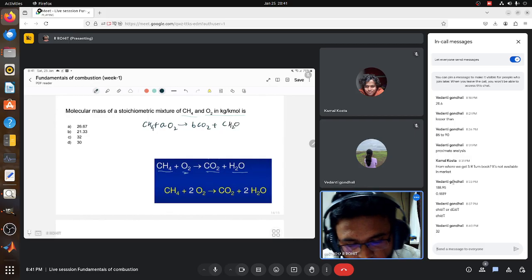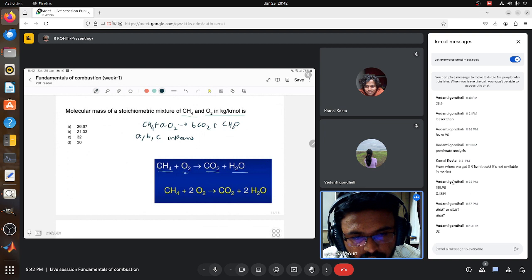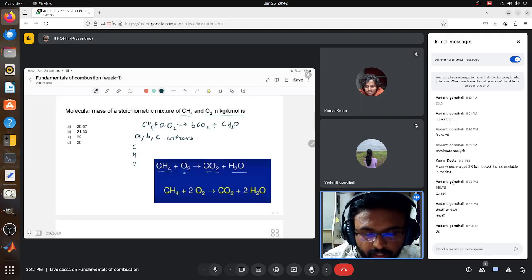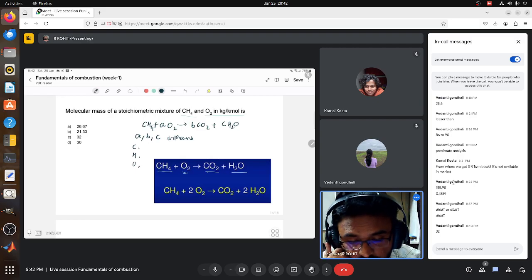I have 3 elements here, carbon, hydrogen, oxygen, and 3 unknowns, A, B, C. For solving 3 unknowns, you need at least 3 equations. So I can get 3 equations from the equation above. How will I write the equation? For carbon, on the left hand side you have 1 carbon atom, which is equal to B carbons on the right.